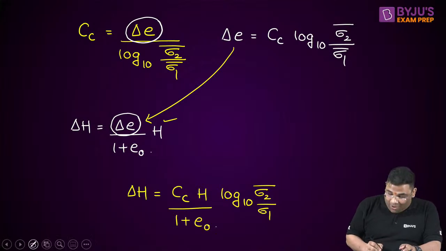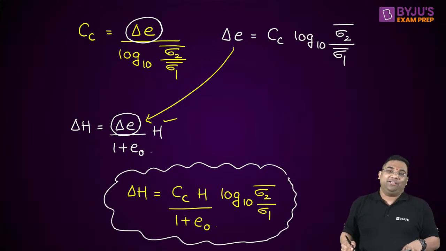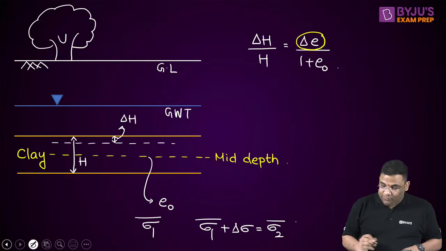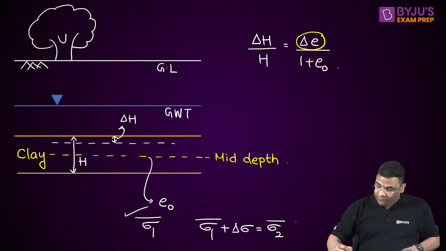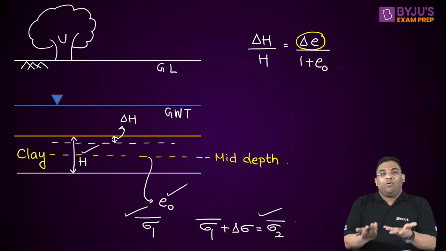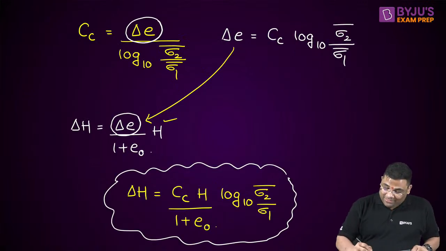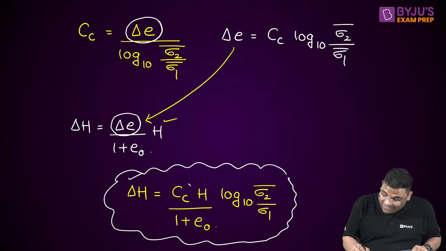Now see, what was our problem? Our problem was we did not know the final void ratio. We knew our sigma 1 dash, sigma 2 dash, our initial void ratio, and our H, but we didn't know our final void ratio. And we were able to find out the settlement using the compression index.